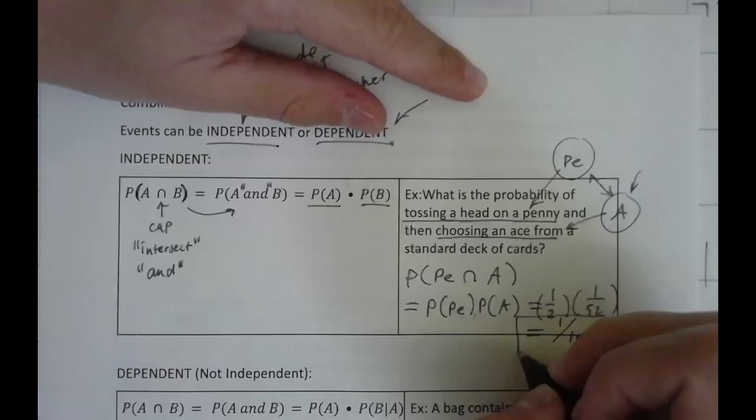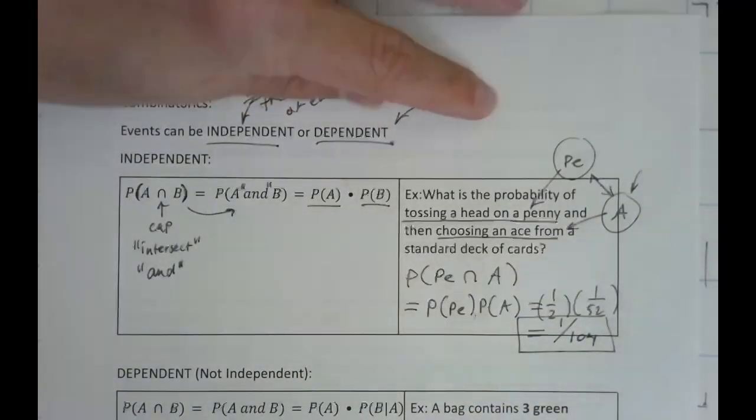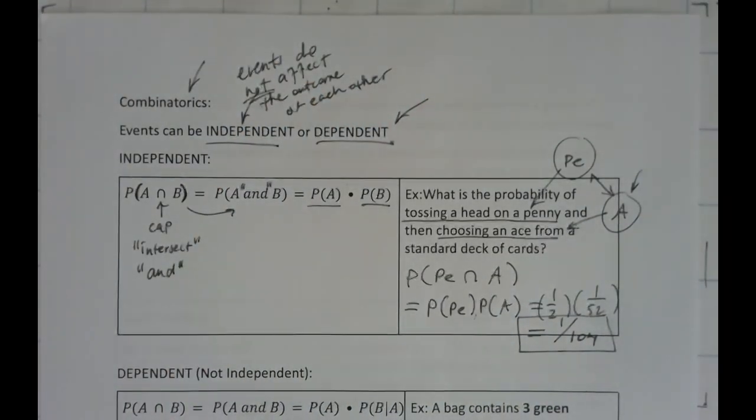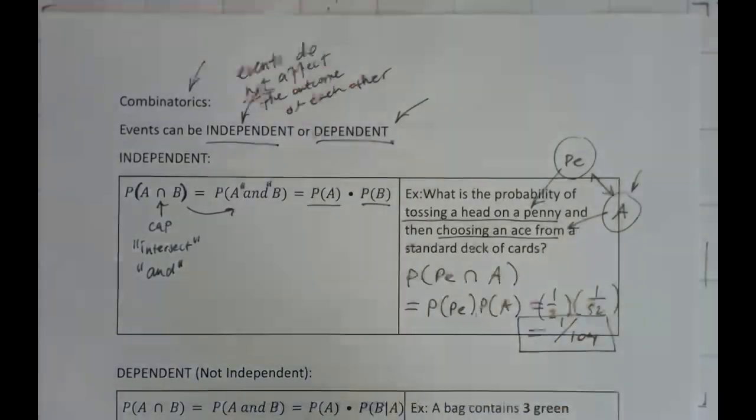There's a 1 in 104 chance that if you toss a coin and then immediately draw from a deck of cards, you would get an ace and flip a head. How cool is that? We've calculated the probability of something seemingly pretty rare. 1 in 104 is less than a 1% chance. Very, very cool.